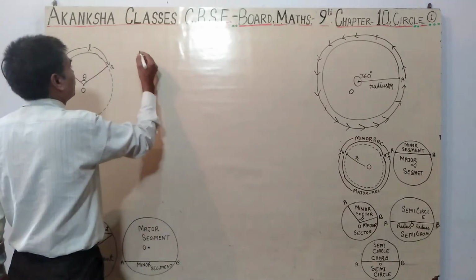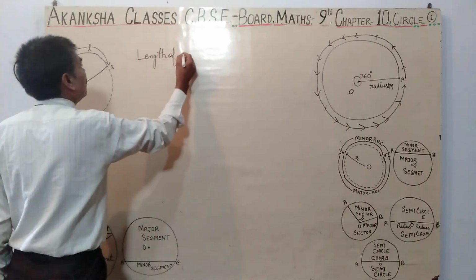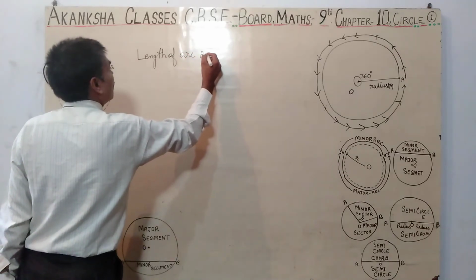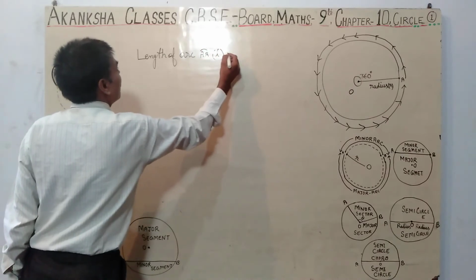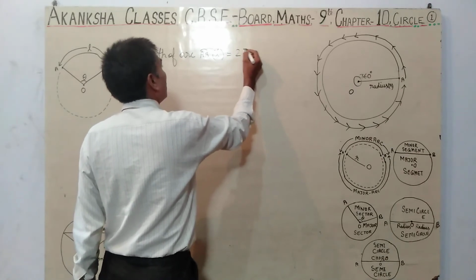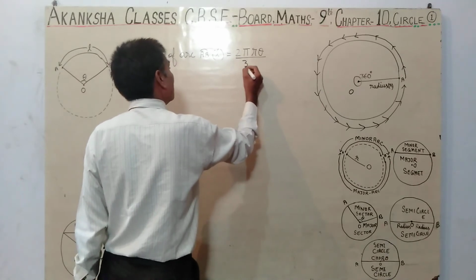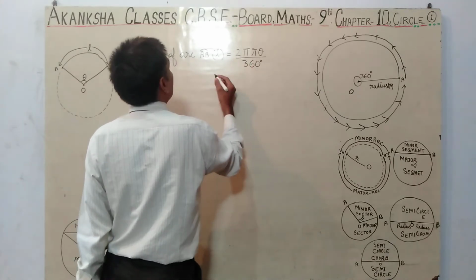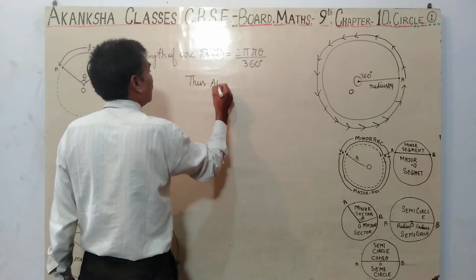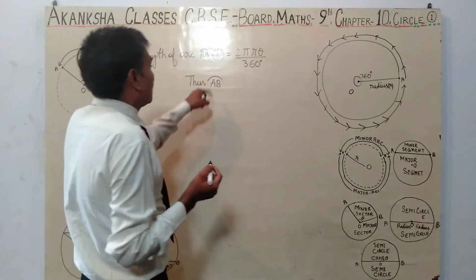Now length of arc. That is, small l equals 2 pi r theta by 360 degree. Thus, an arc is always denoted by a curve cap.